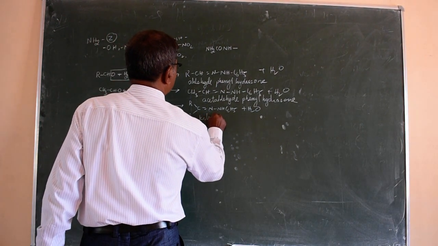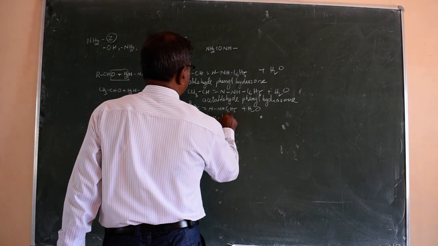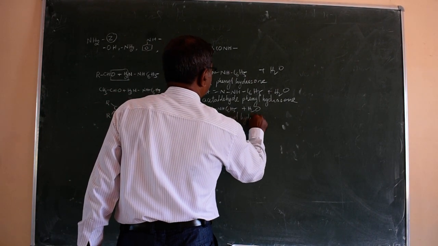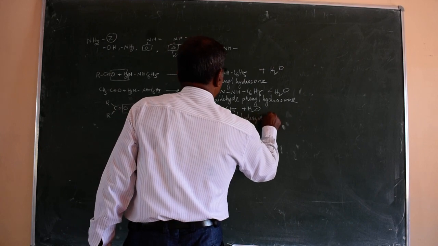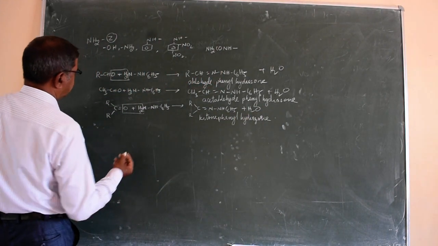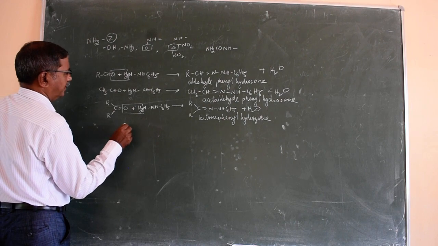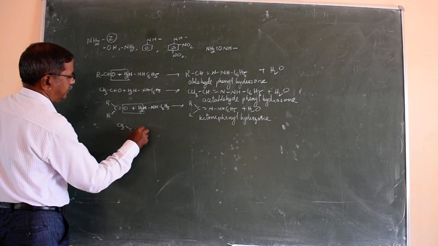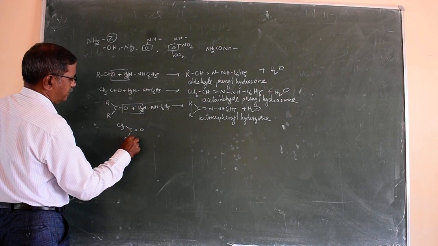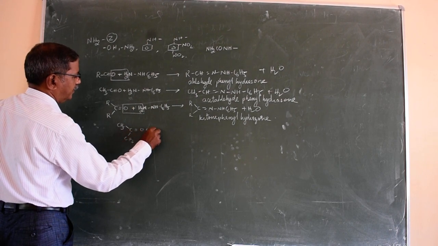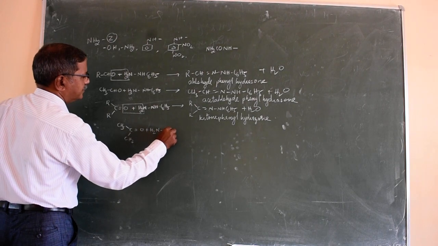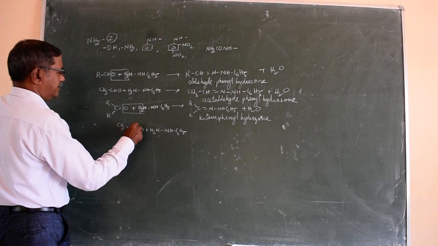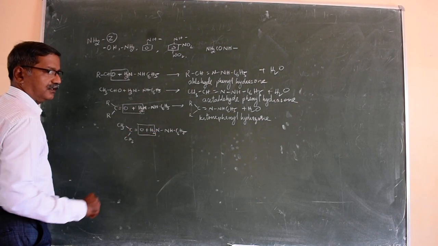Like in the case of aldehyde, this is a ketone phenylhydrazone. You can write an example. A simple example is acetone, CH3 C double bond O CH3. Then we have NH2NHC6H5. Elimination of H2O takes place.